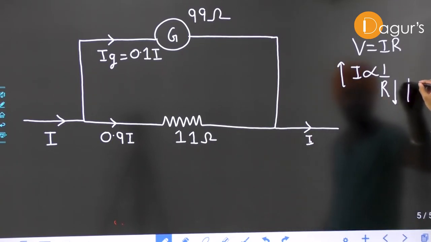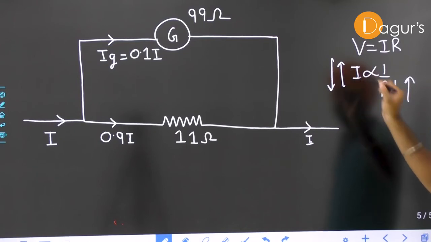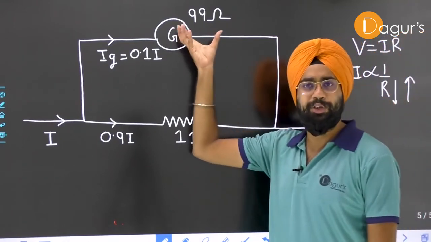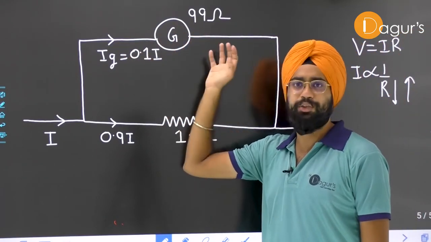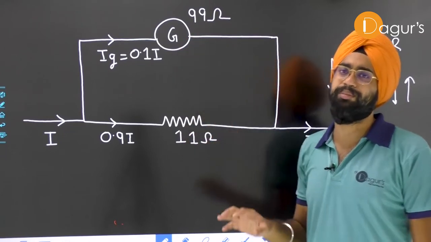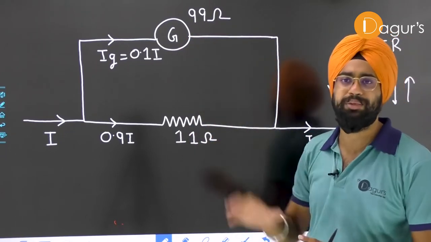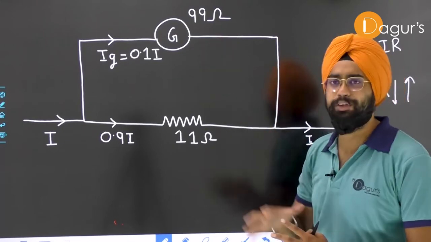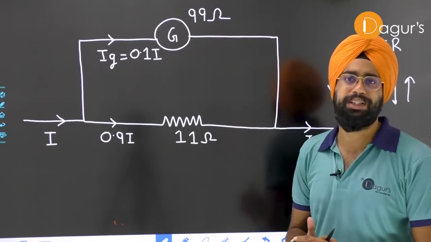If the resistance is high, then the current will be less. So there will be less chance of damaging the galvanometer or our complete circuit.